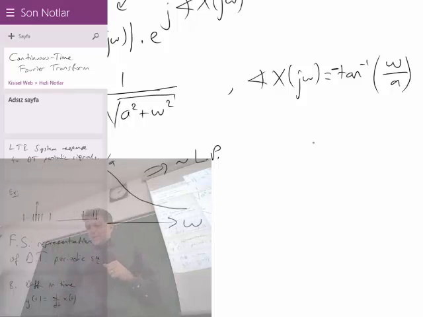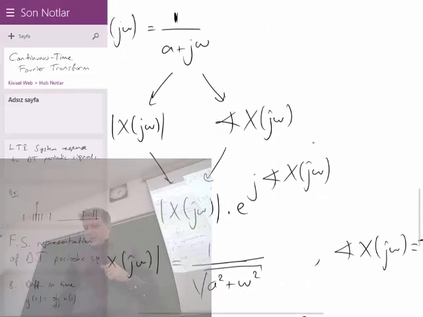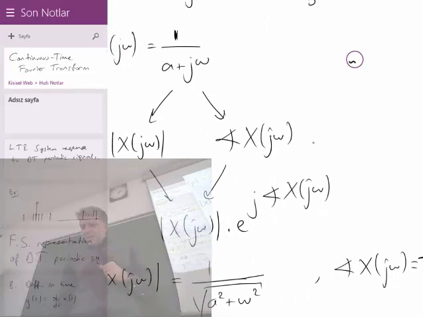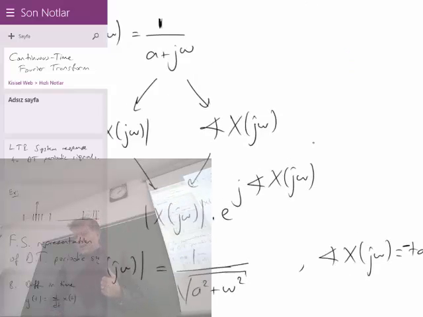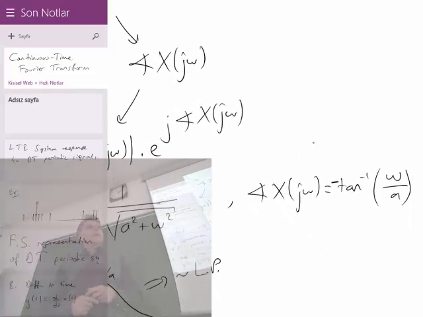Omega over a. Why is it omega over a? Because, as you see, the imaginary part is omega and the real part is a. So arctangent of omega over a will give you the angle. But since it is in the denominator, it comes with a negative, a minus arctangent. So that is the angle.